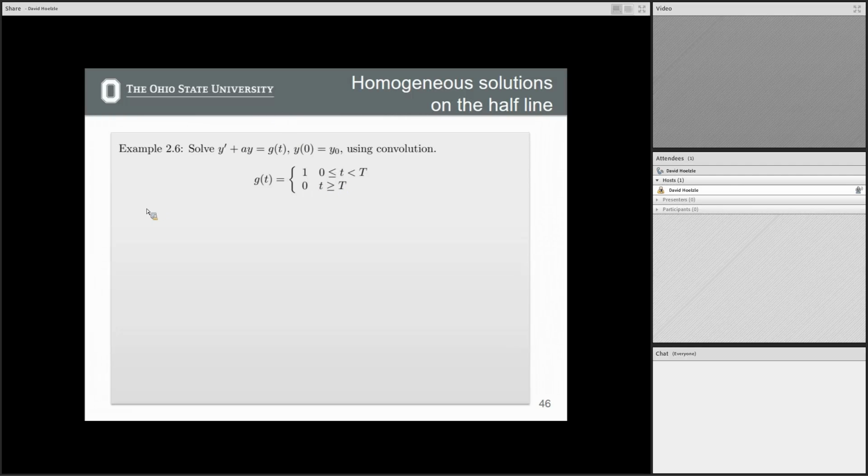First off, the impulse response of the system is e to the negative at. I'm not going to go through that, but that's a pretty standard definition for a first order ODE. This will be our impulse response. And what does this look like?